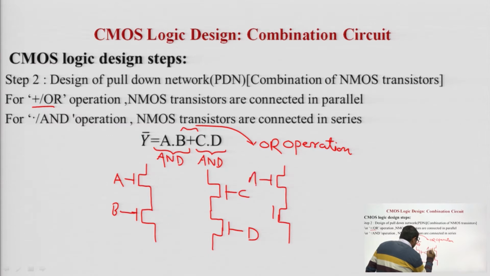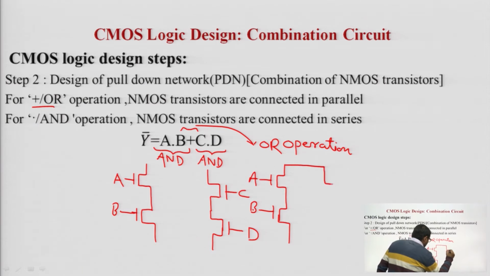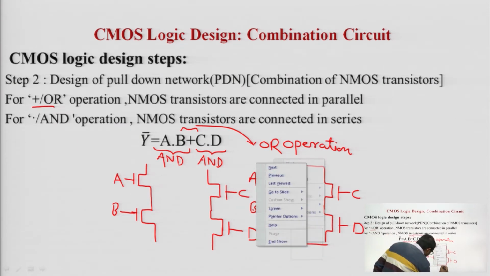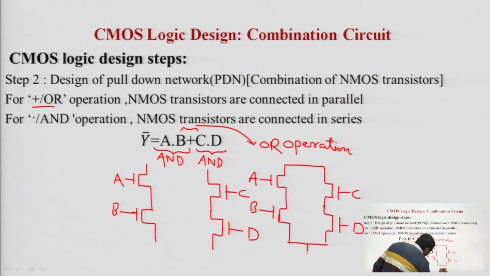This is A, this will be B, this is C, and this will be D. Both the AB network and CD network are connected in parallel because both are combined with the OR operation.